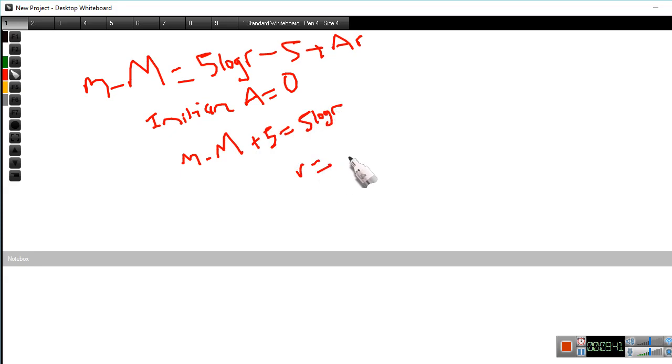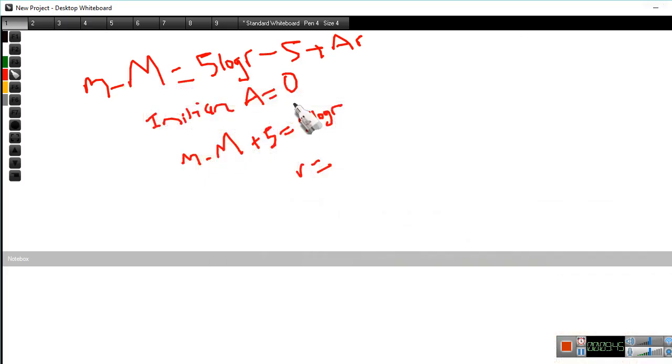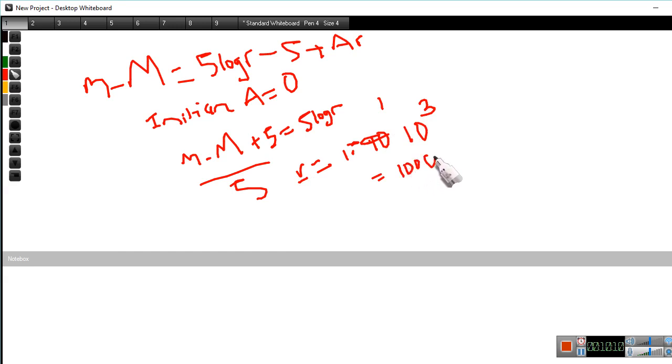And r will be equal to m minus M, which is 8 minus minus 2, that is 10, plus 5 gives 15. Divide by 5, that will be 3, and taking the log to the other side, 10 to the power 3. So our initial radius, or the distance, is 10 to the power 3.